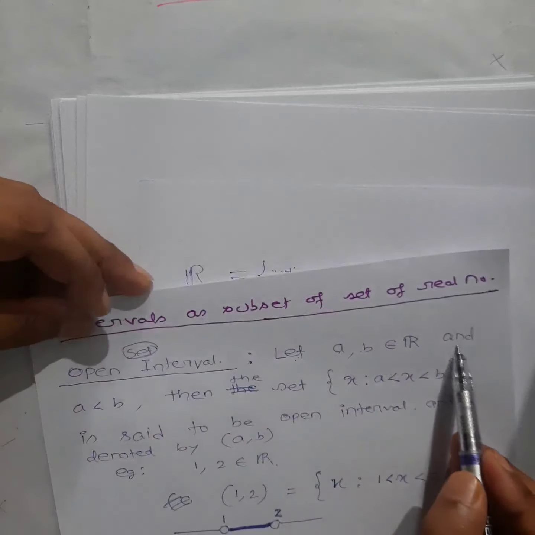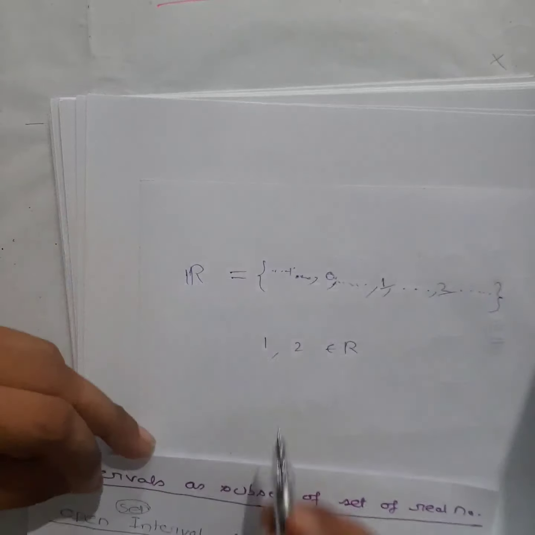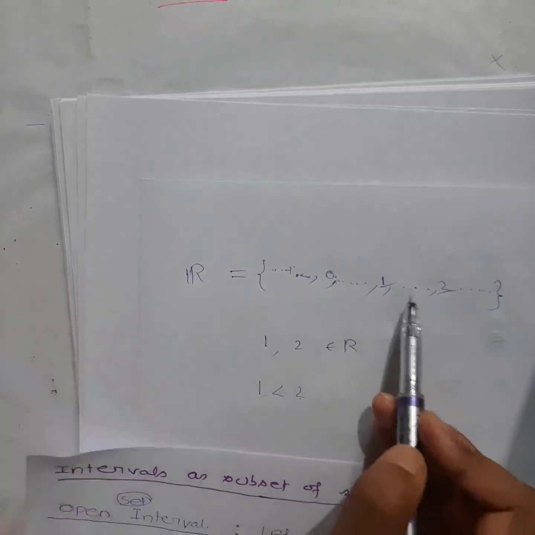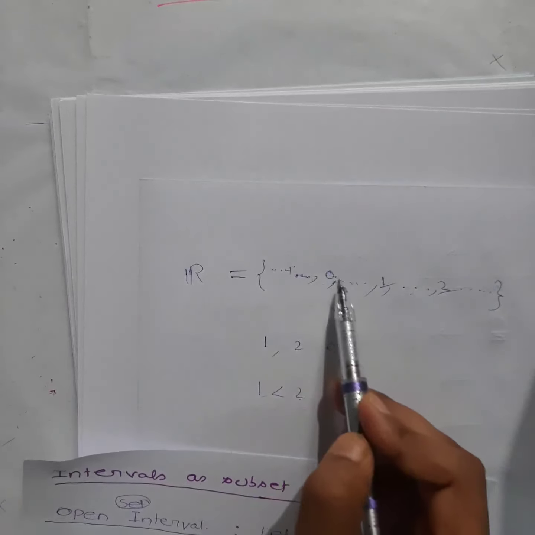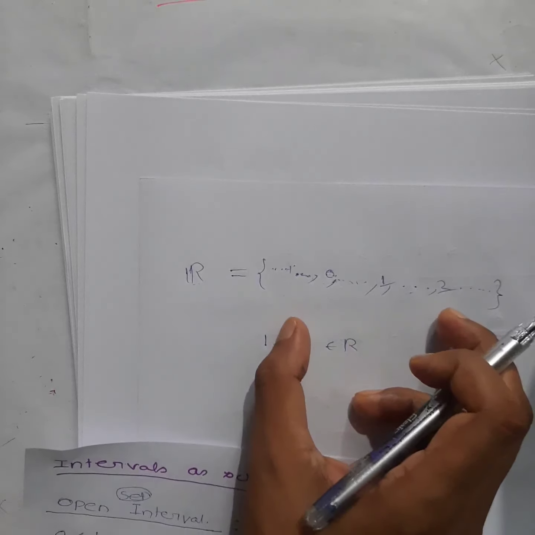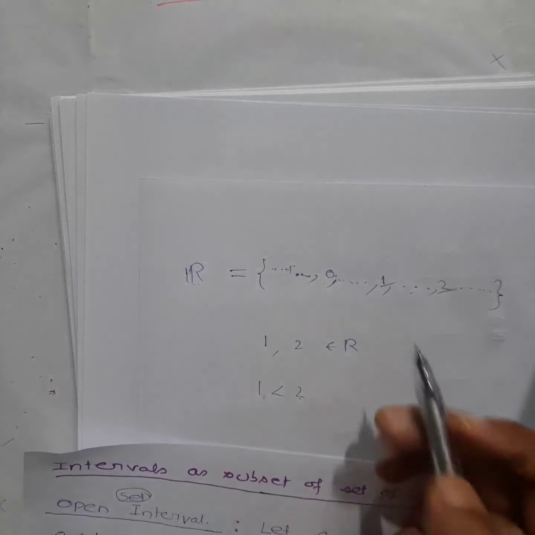Then what it says, a less than b. So 1 is less than 2 I have taken, right? Obviously, when you select any two numbers from this set of real numbers, obviously one will be less, one will be greater. So just to mention that, we have written this.